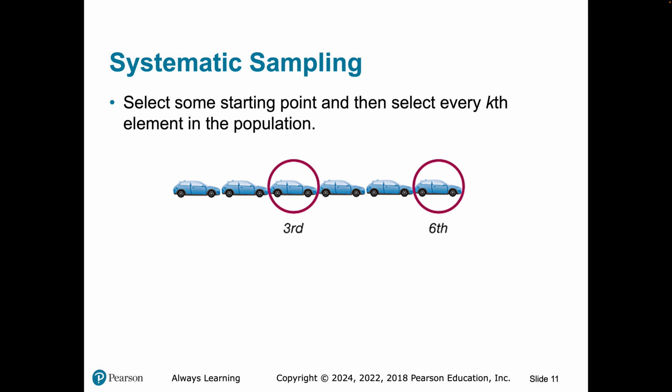And if you just so happen to choose the kth element in the population, then you're going to get an overrepresented number of defects. I hope that makes sense. But in the healthcare industry, I don't know that systematic sampling would necessarily be a bad thing. It's not as good as random sampling, but it's better than some of the other things that we'll look at.